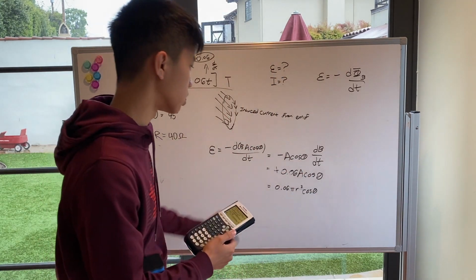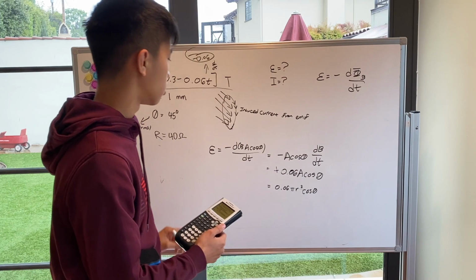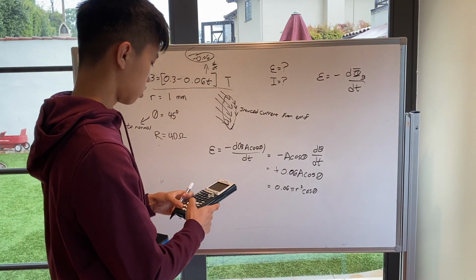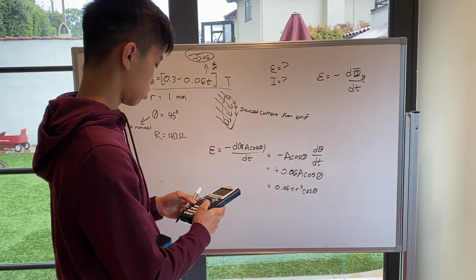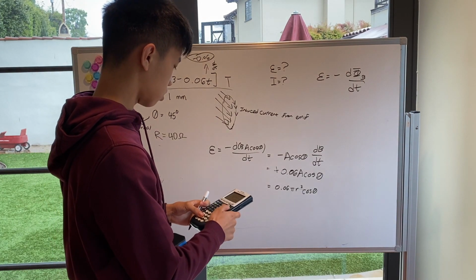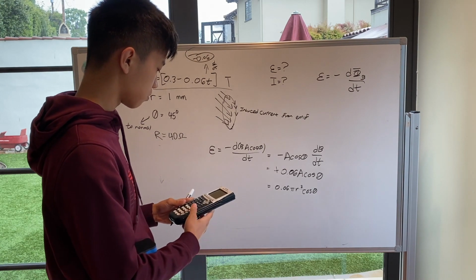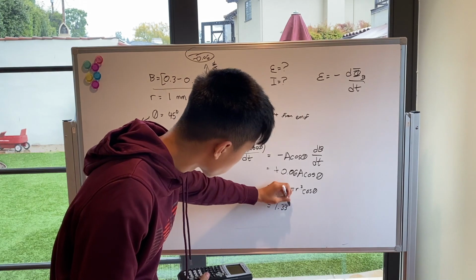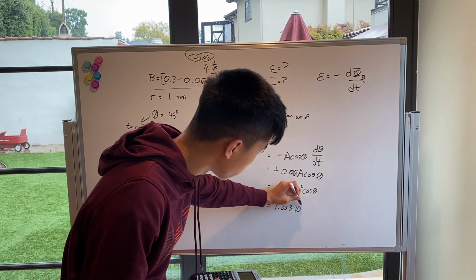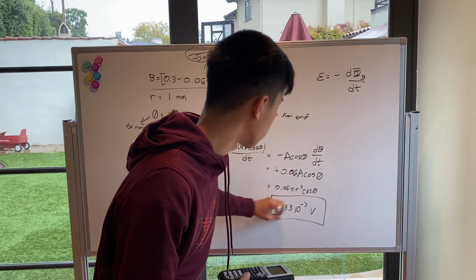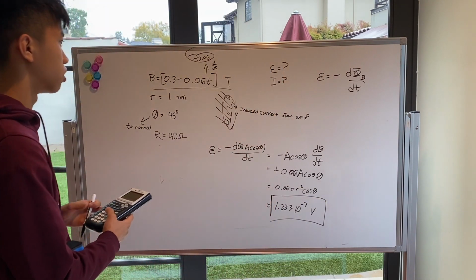Oh, I probably should have mentioned that earlier. And then if you just plug in all of your quantities, we get 1.333 times 10 to the negative 7 volts, because remember, that's what EMF's units are.